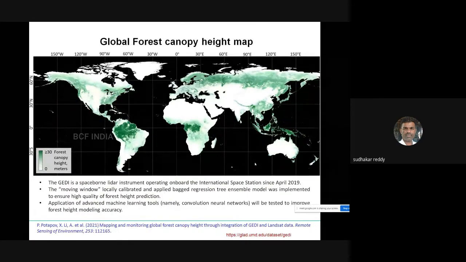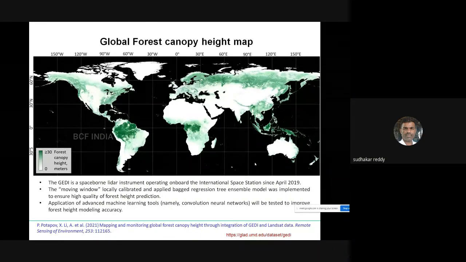And very recently, in 2021, Potapov et al. came up with a new map of the global forest canopy height. This is the map they derived from the spaceborne LiDAR instrument, which is operated at the International Space Station, and it is available from April 2019.